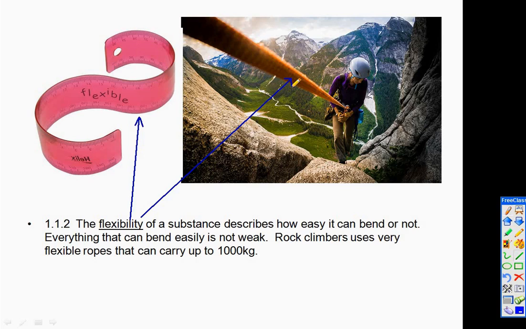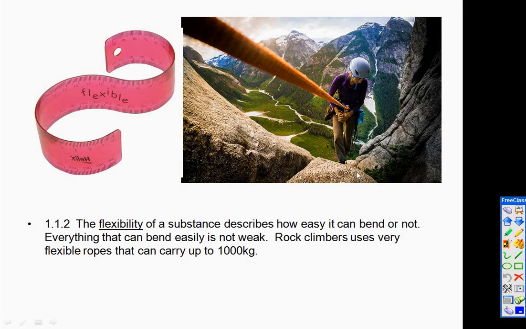It's very flexible, but it is also very, very strong, because these rock climbers risk their lives when they climb against rocks or mountain slopes. Then they use this rope to protect them from falling down and dying. So this is very flexible but very strong. It can take up to almost 1,000 kilograms when people are climbing the mountains.